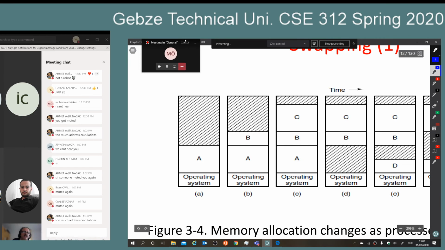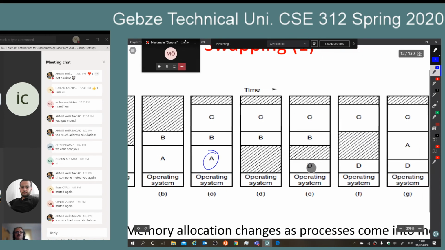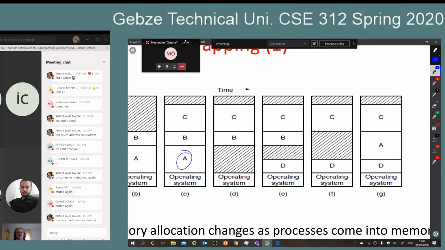So the operating system makes a decision, says that I am going to write A to the disk, so this space will be available. So I loaded program D to this position.